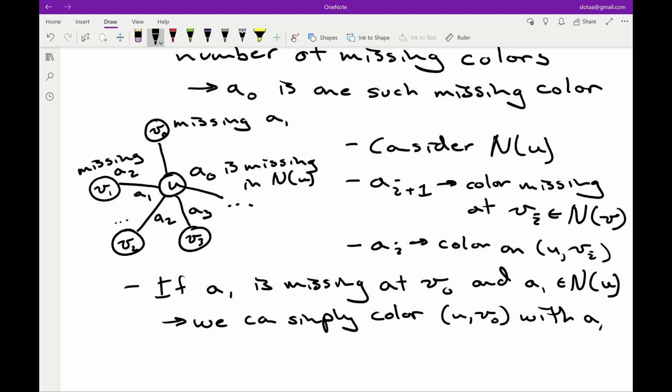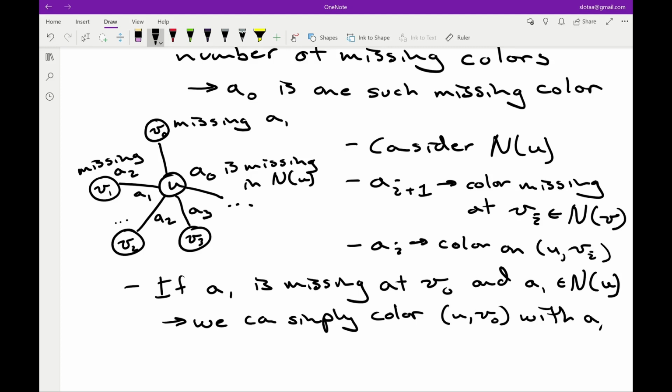That's how we have the missing colors here. And we're assuming that V0 has color A0 within its neighborhood. Otherwise, we could again trivially color U V0 with that A0 color. So that is our uncolored edge as we have it right now.